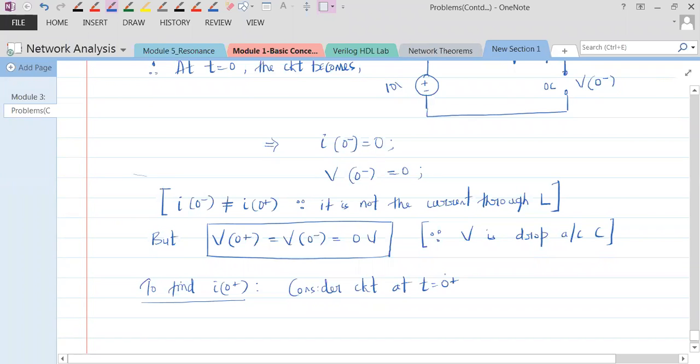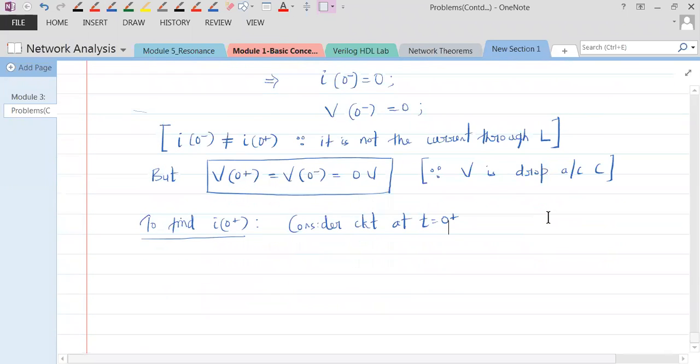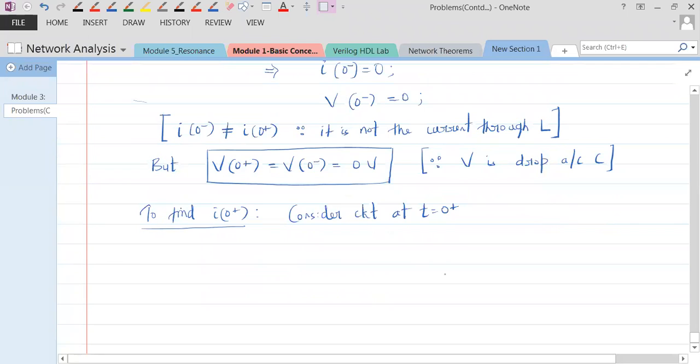So how does that look like? With the switch closed. Okay, so that looks like this. 10 volts. Then you have the switch closed.